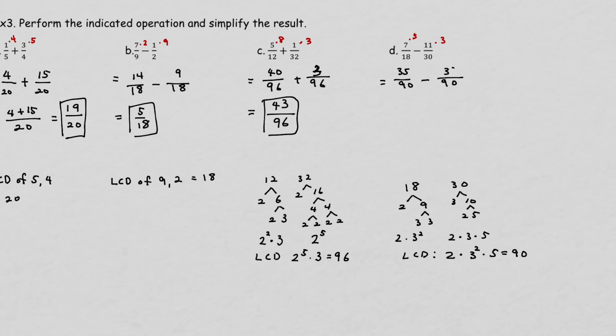Second numerator will be 33. Now we do 35 minus 33 will be 2 over 90. And both are even numbers, so it looks like you can reduce it. It will be 1 over... 2 goes into 90, 45.